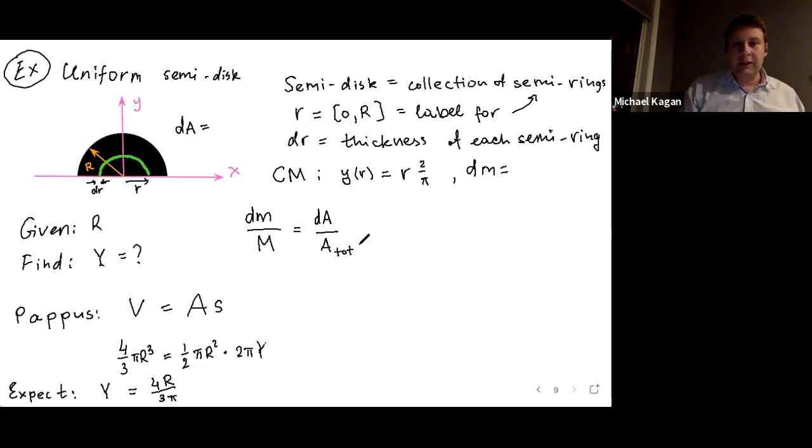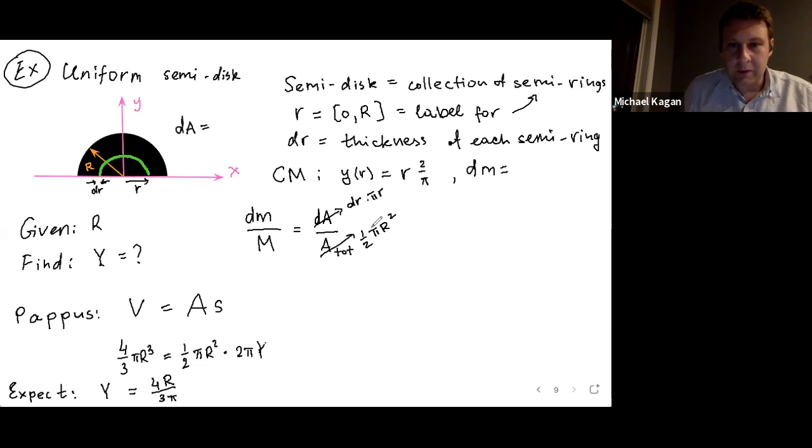So bottom line is that, exactly, it's the thickness, which is dr, times the base, which is half circumference, pi r. And this is easy. A total is 1/2 pi R squared. Just don't get confused between little r and big R. Okay? So let's put it up.